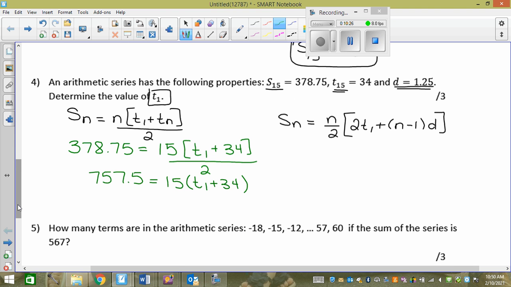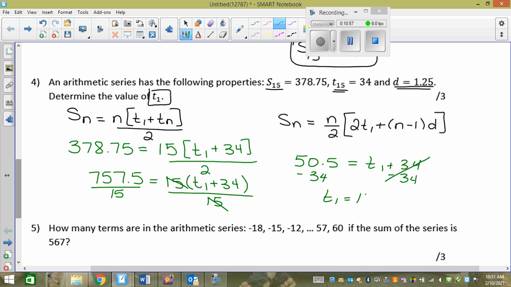Remember, on a written response, when I say algebraically and you just subtract, you're getting no marks. I even give you 3 you could have chosen from, right? Divide by 15 and we get 50.5. T1 plus 34. And then we subtract 34. And we get? Voila.